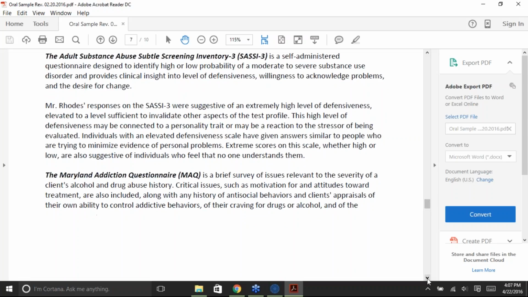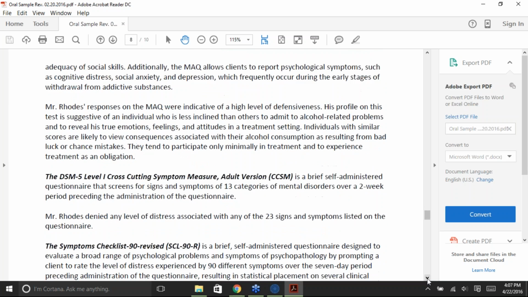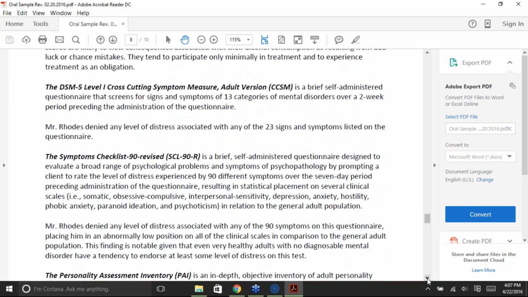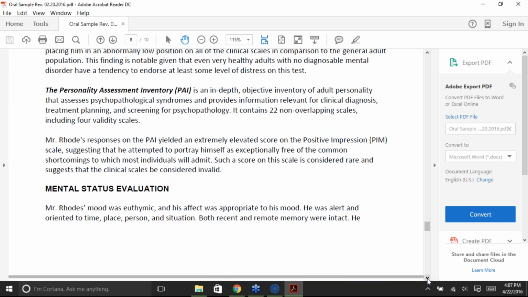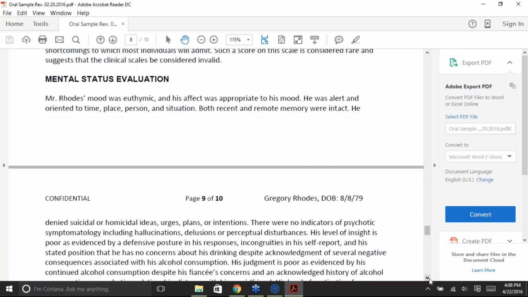Now, every test showed the same thing. Every test said this guy's underreporting, he's minimizing, his results are invalid, he's trying to convince us that he's the first perfect person. So that's basically what I'm saying with these tests, and you can read them in greater detail later if you'd like. In fact, I'd encourage you to do that. And finally, mental status evaluation we'll get to.